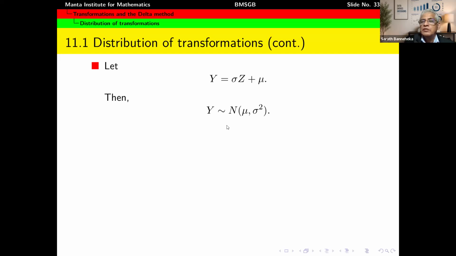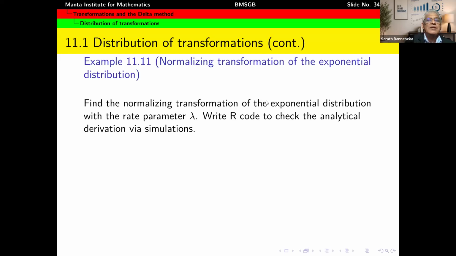Then you can go one step further by saying Y is equal to sigma times Z plus mu. So this will convert those standard normal data into normal data with mean mu and standard deviation sigma. So in that case, Y will be normally distributed with mean mu and variance sigma squared. That's a pretty interesting and very useful result.